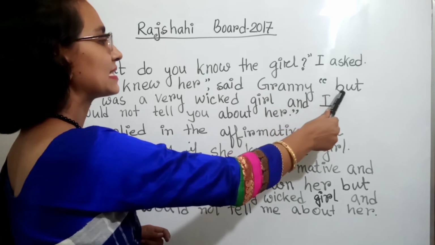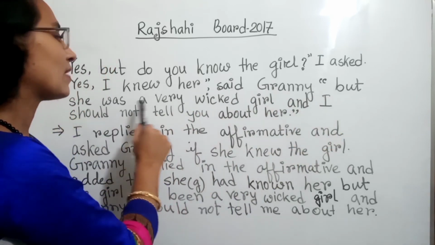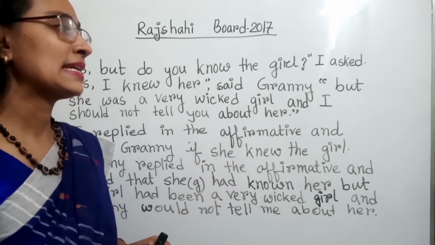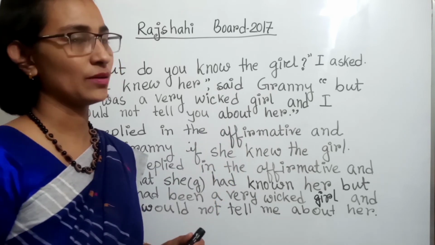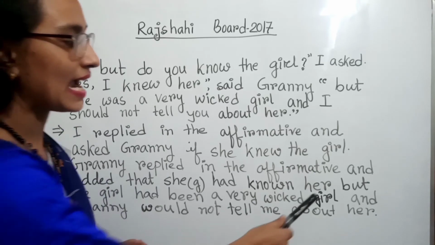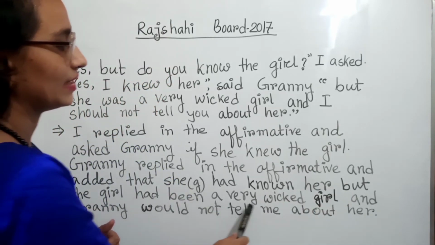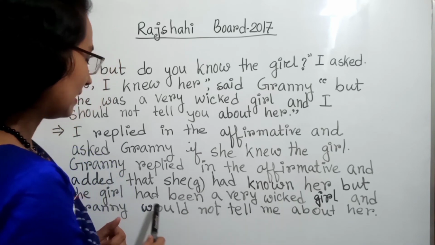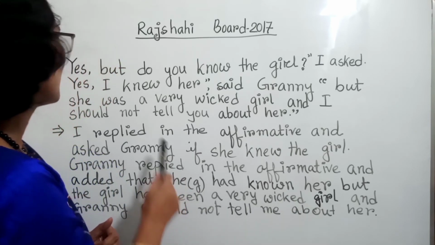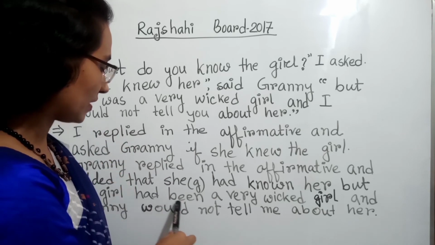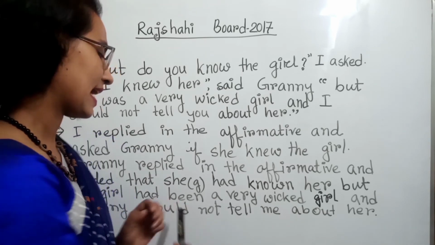The second sentence is, "But she was a very wicked girl and I should not tell you about her." Here the speaker is Granny also. And that's why I added here, but the girl had been a very wicked girl. Here I wrote "had been" because "was" is past tense. That's why I converted it into past perfect tense, "had been."